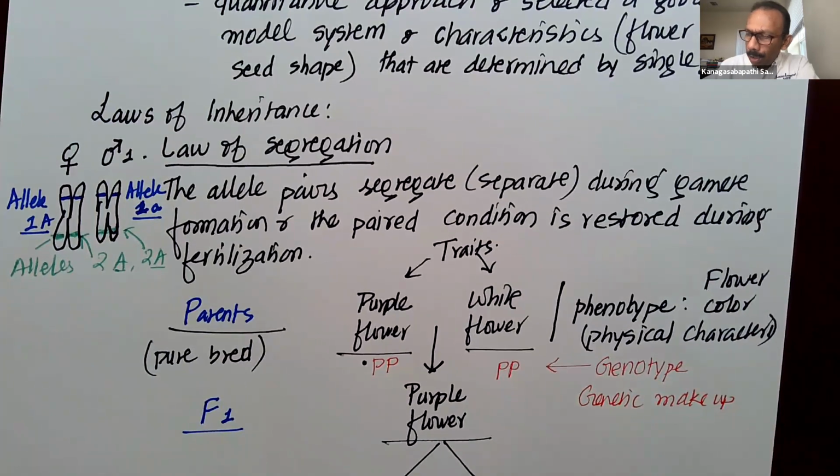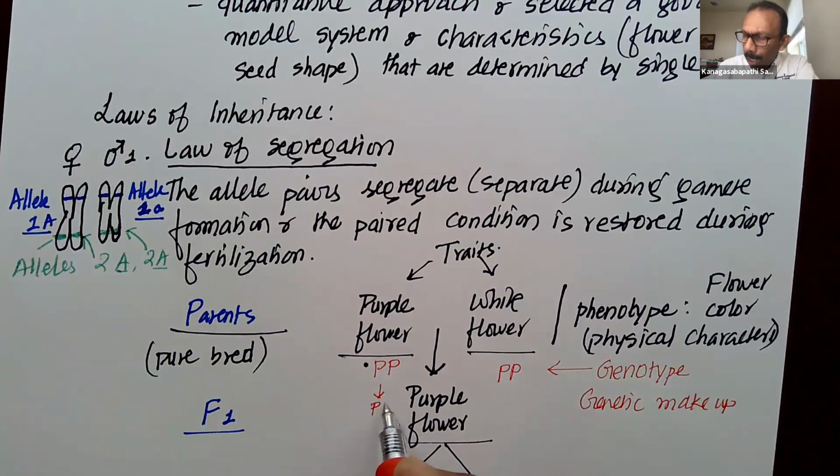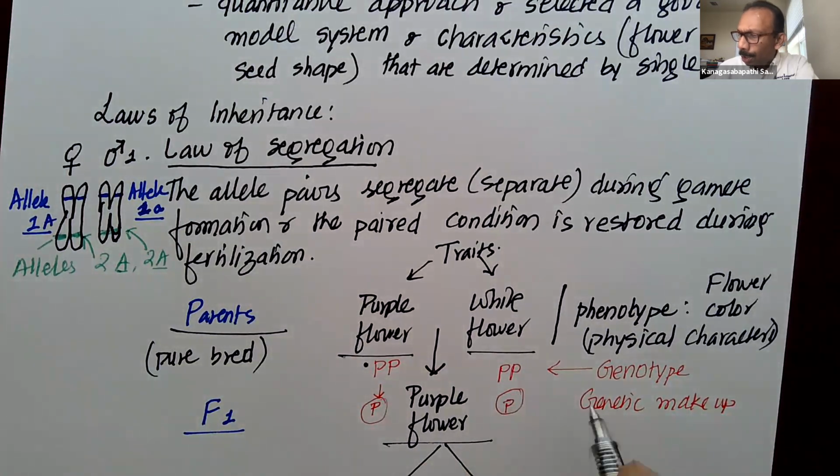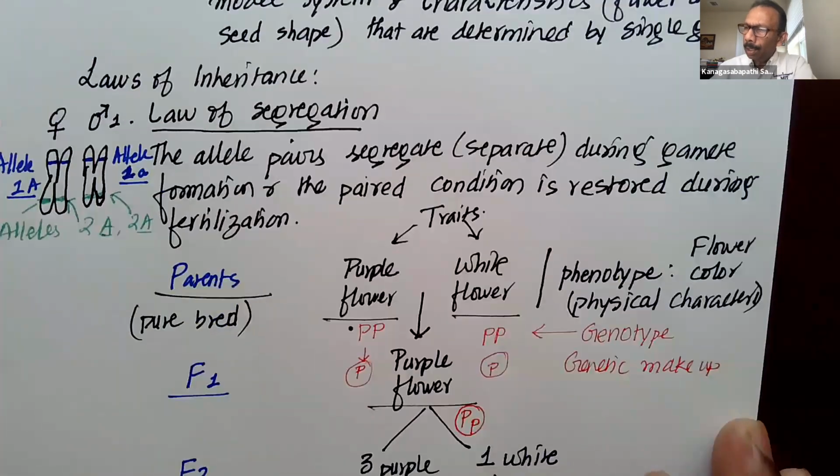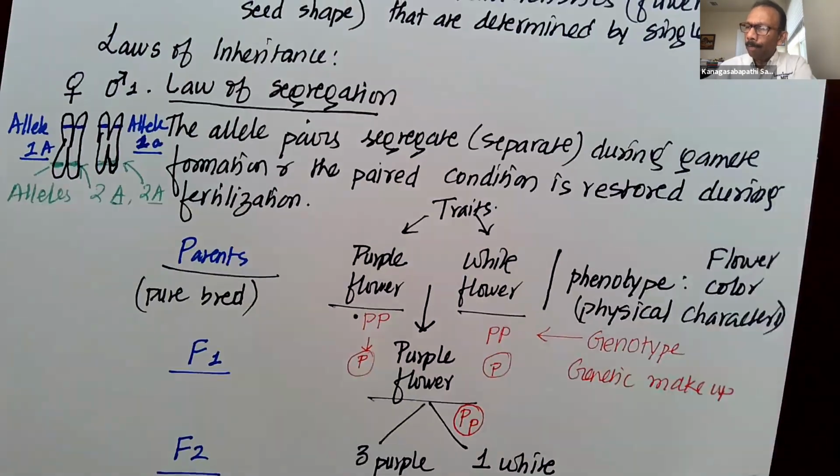So when you cross this, the gamete is going to be uppercase P, and here the gamete is a lowercase p, and they combine together. This becomes one uppercase, one lowercase. You call that a dominant and a recessive. That's the genotype makeup of the F1.